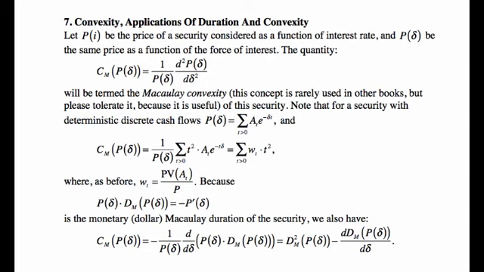We also see that the Macaulay convexity, which is equal to that second derivative, but the first derivative with a minus sign is equal to price times Macaulay duration, we can substitute that in the formula as you see here, and we arrive at a very interesting result: Macaulay convexity is equal to the square of Macaulay duration minus the derivative of Macaulay duration with respect to force of interest.